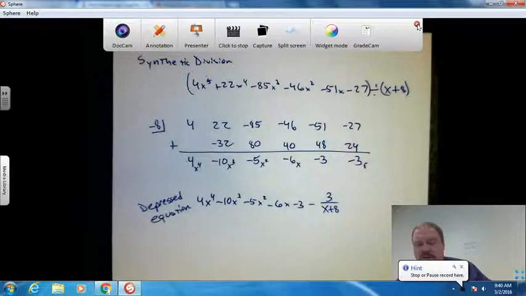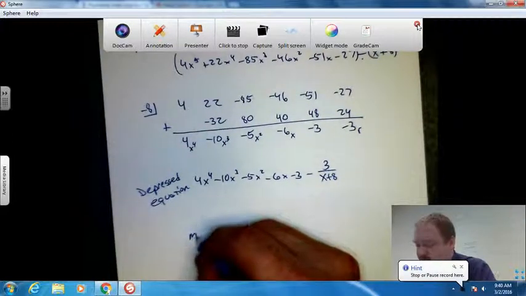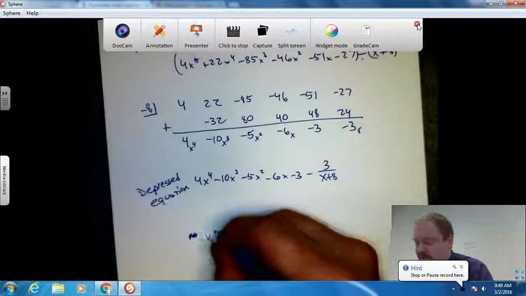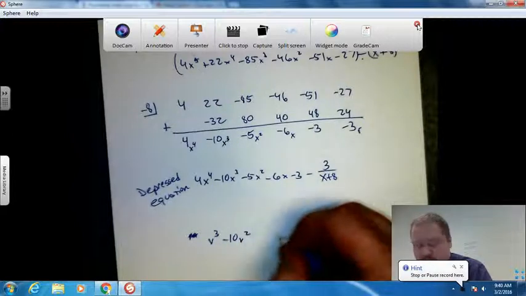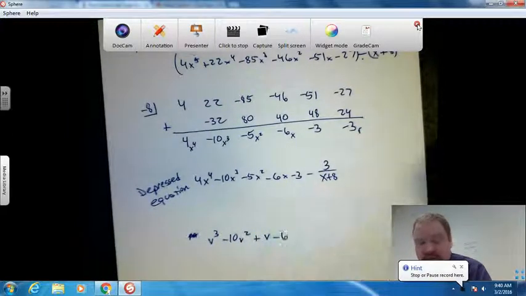So, here is another example with a special case. In this example, I have v to the third minus 10v squared plus v minus 6.